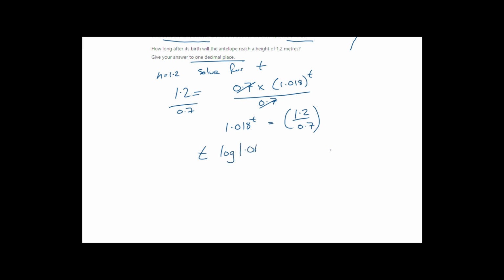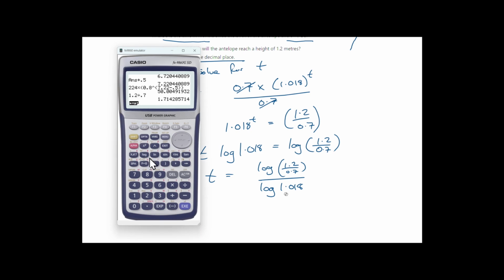Log 1.018. It doesn't matter what the base is, as long as it's the same base. And then t is going to be log of this thing here, 1.2 over 0.7, over log of 1.018. And we would grab our calculator and solve.